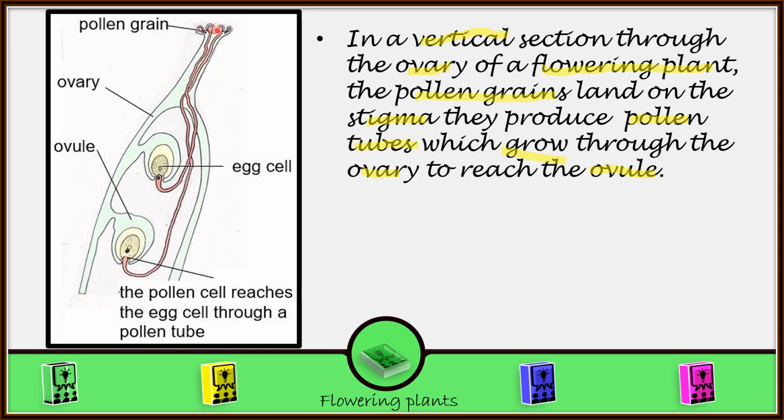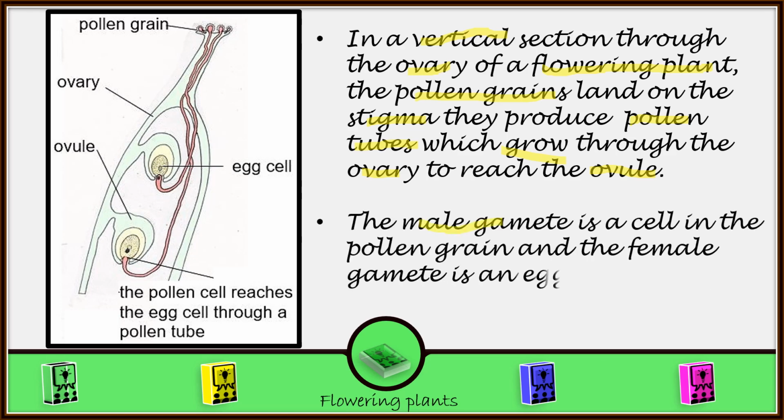When they land on the stigma, they produce the pollen tubes, and these pollen tubes will grow towards the ovary. This is our ovary, which has been cut through vertical section so that we can see the ovules inside. The pollen tubes will grow and move towards the ovule. This is our ovule here, and inside we have the egg cell, and the pollen tube has brought the male gamete.